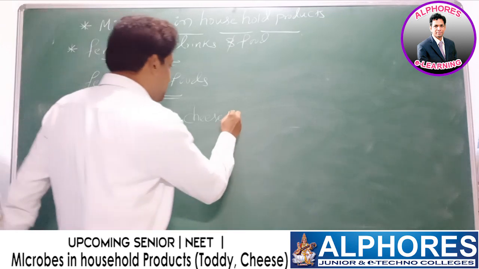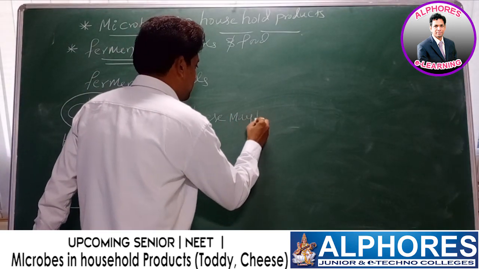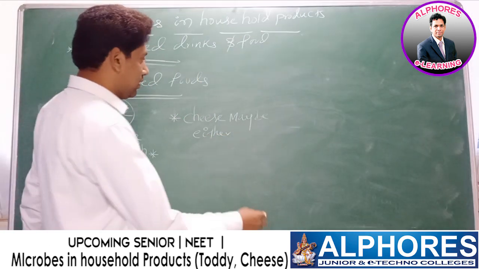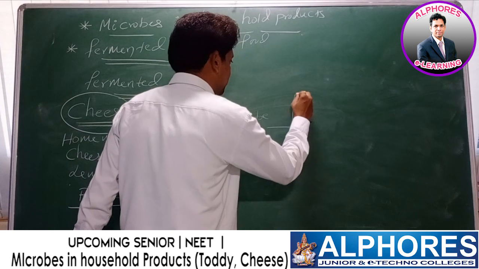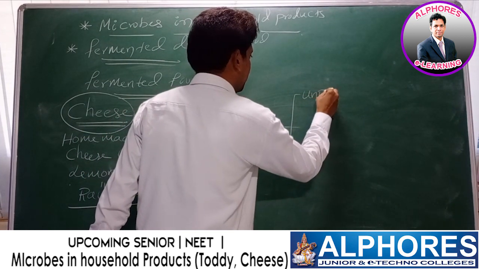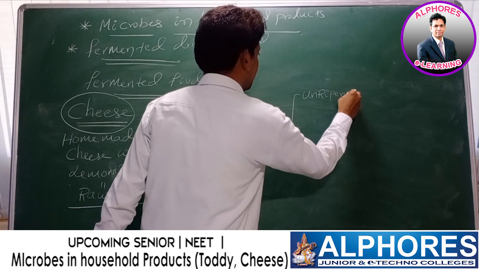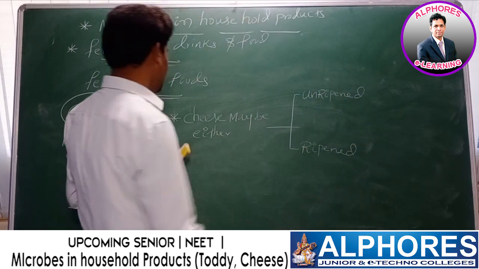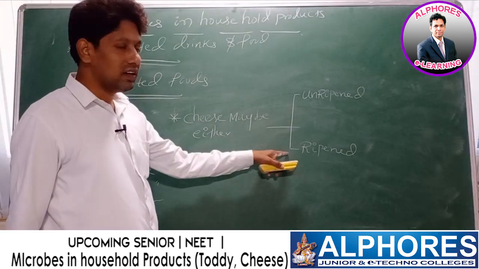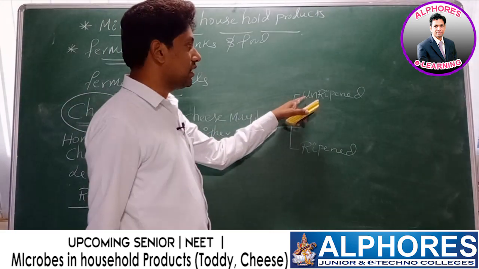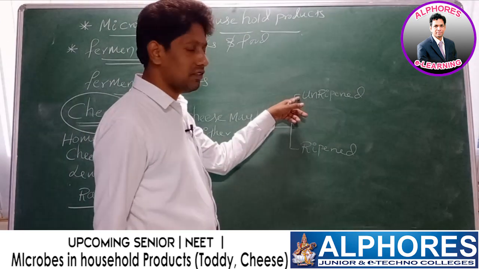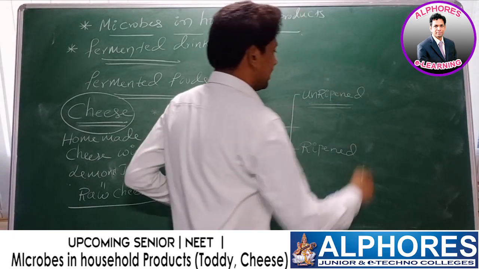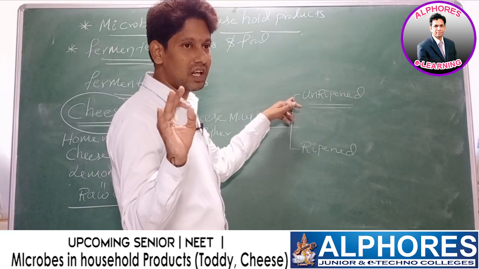Sir, what is the meaning of unripened cheese? Now listen here. Unripened cheese means it is ripened externally only.